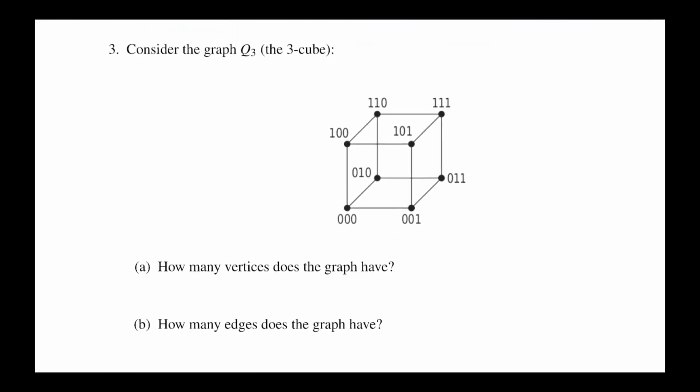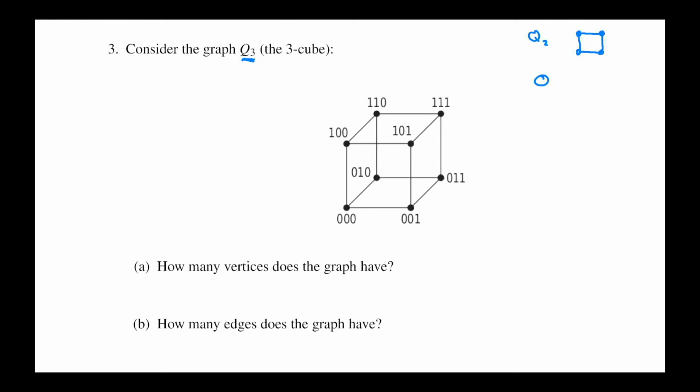In the next section, we're going to talk about a bunch of different special graphs, just graphs that have names. This one is called Q3, which is a three-dimensional cube. There's also Q2, a two-dimensional cube, which, forgive the naming, is just a square, actually.